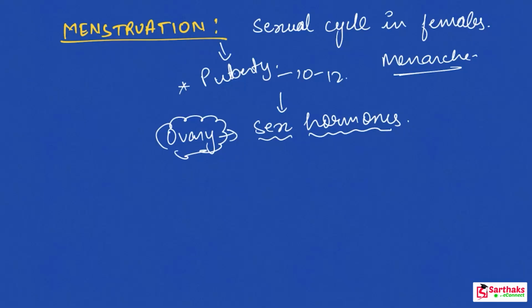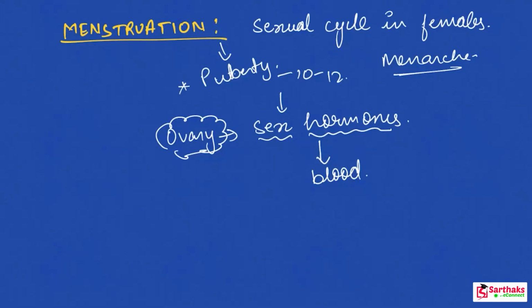This hormone reaches her blood, and they cause some of the ova in our ovaries to become mature. Before explaining this line, let me tell you one thing.